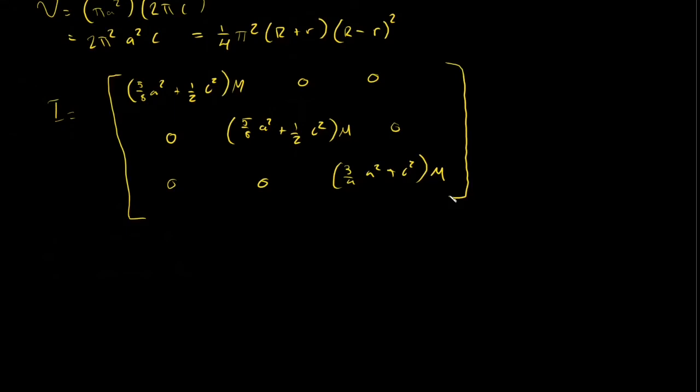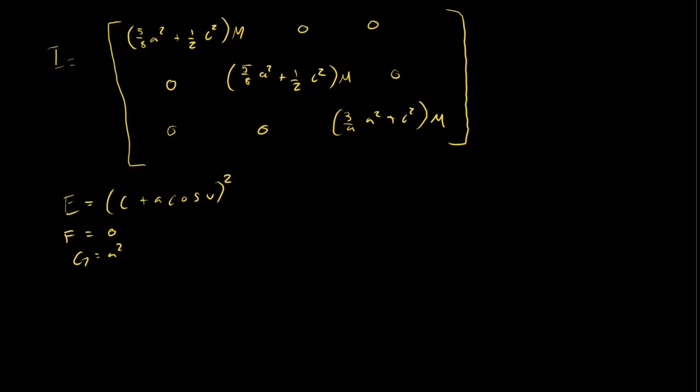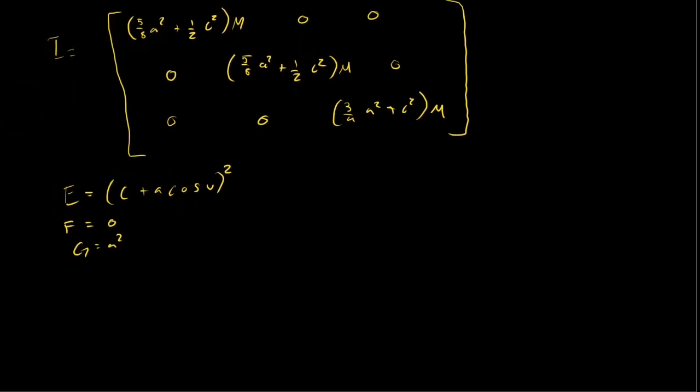And the coefficients of the first fundamental form are E equals (c plus a cosine v) squared, F equals 0, G equals a squared. And the coefficients of the second fundamental form are e equals minus (c plus a cosine v) times cosine v, f equals 0, and g equals minus a.